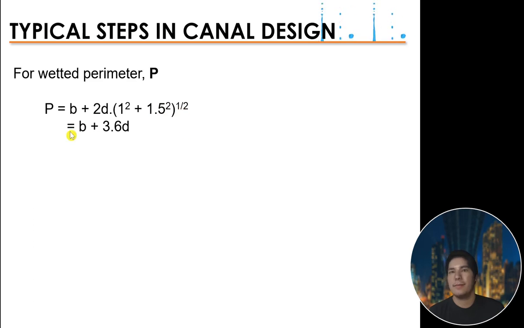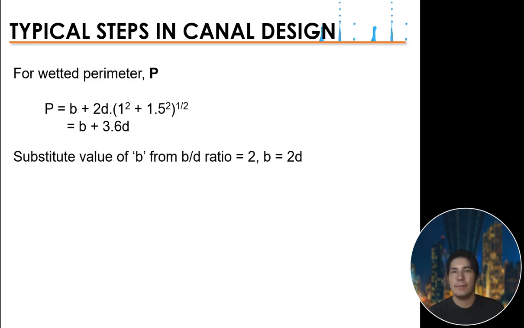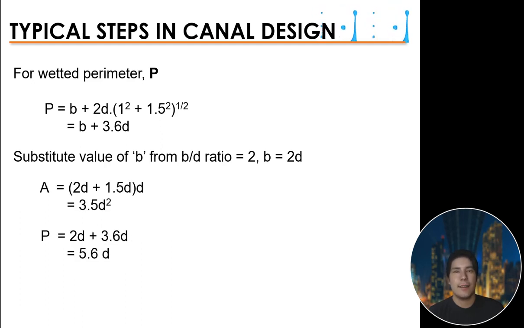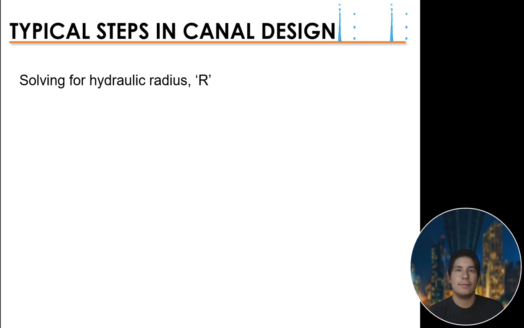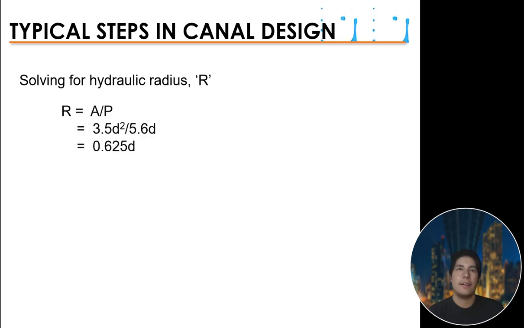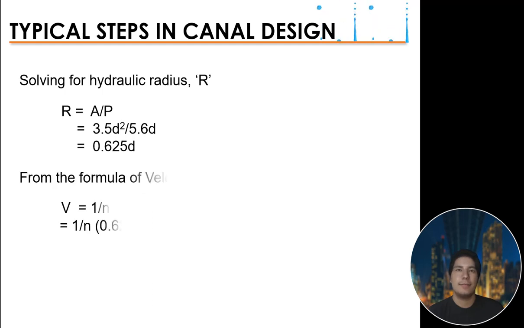So we have B plus 3.6 the depth. We need to substitute our value of B over D equals 2, so B equals 2D. Substituting that, we now have area of 3.5 d squared and perimeter of 5.6 d. So we can now solve for the hydraulic radius in function of the depth. So we have 0.625 of the depth.